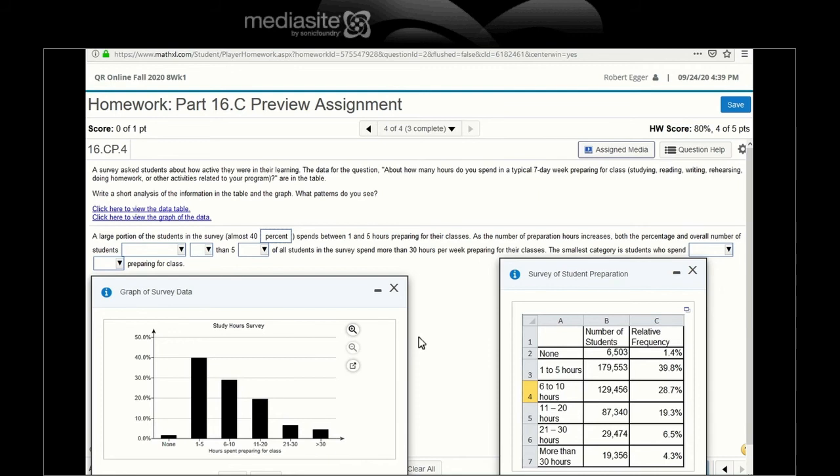As the number of preparation hours increases, both the percentage and the overall number of students decline.